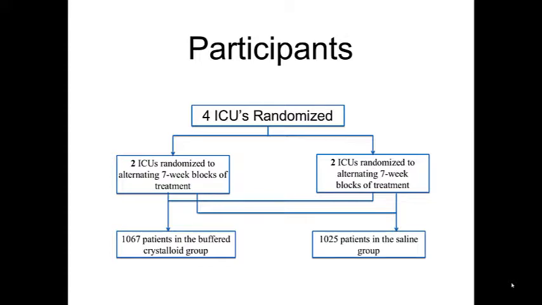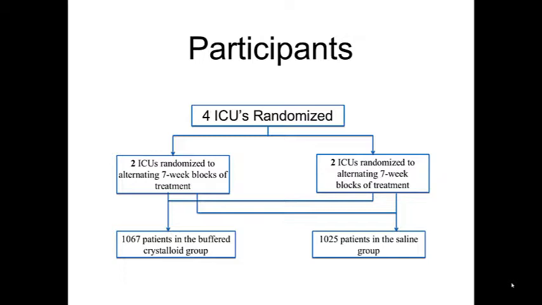So 4 ICUs were included in the study, and out of those 4 ICUs, 2 ICUs were randomized to receive alternating 7-week blocks of treatment, either saline or Plasma-Lyte, which is the buffered solution they use, for a total of 28 weeks.